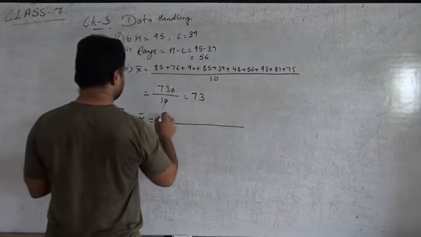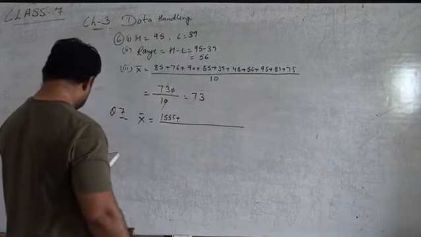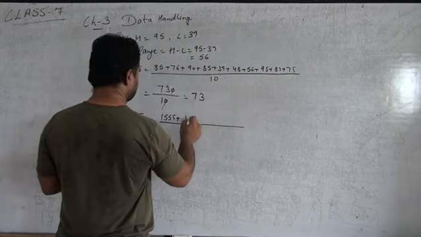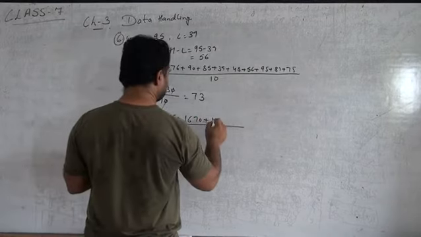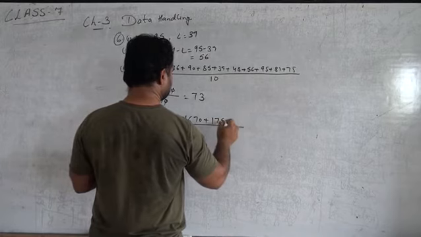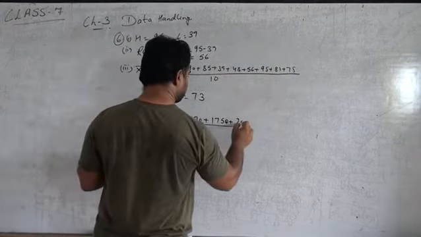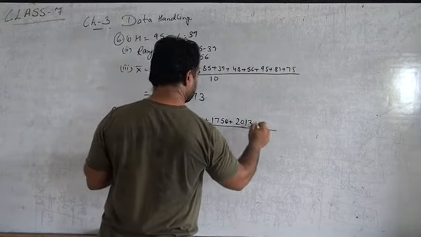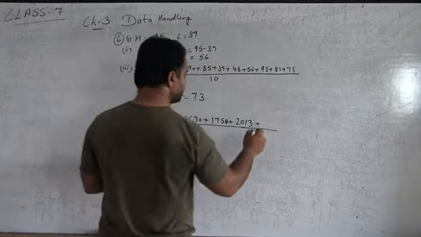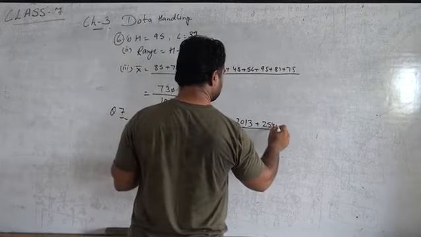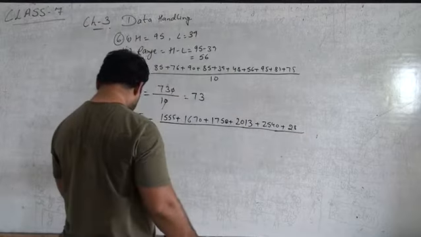The numbers are 1555 plus 1670 plus 1750 plus 2013 plus 2540 plus 2820.